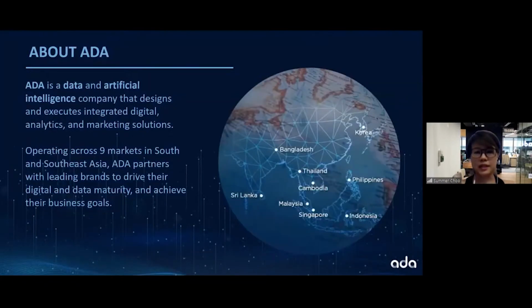Now, a little bit about ADA. ADA actually means analytics, data, and advertising. Of course, the slide talks a lot about what the company does in terms of data and AI, but if I were to put it in a simplified manner, basically we're a company that sources, strings data together and scripts data to make sense for a client of ours.